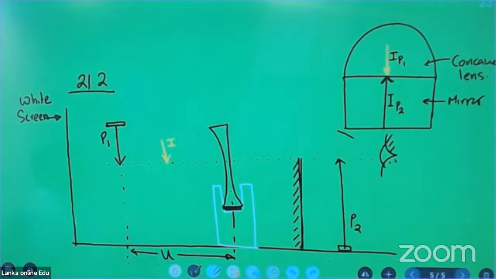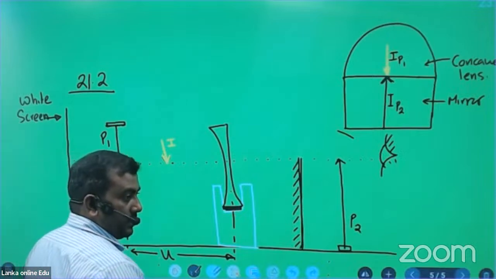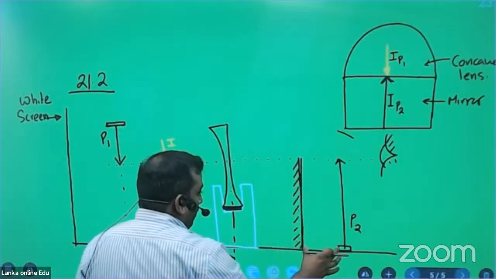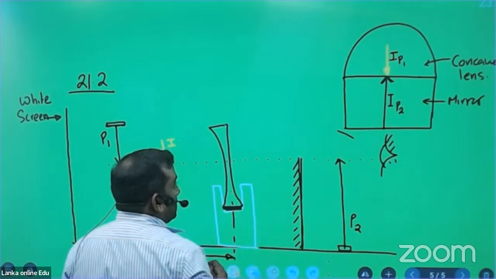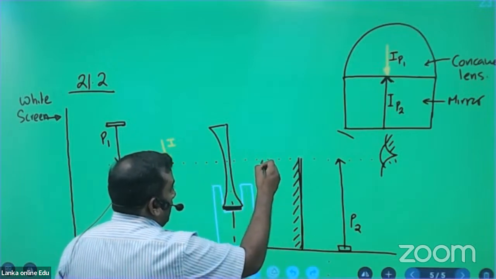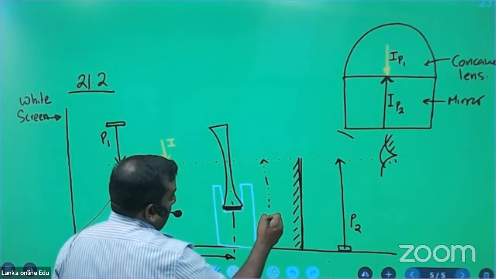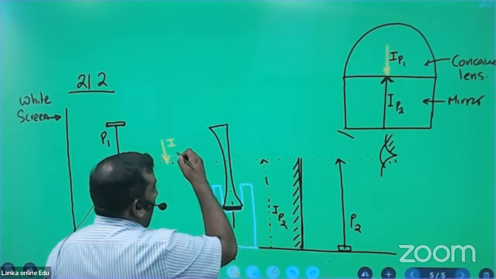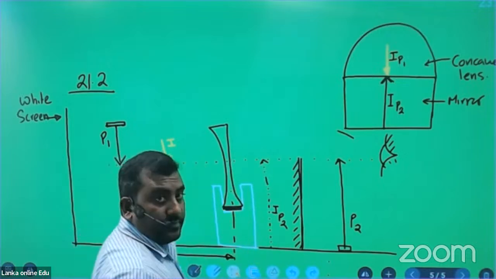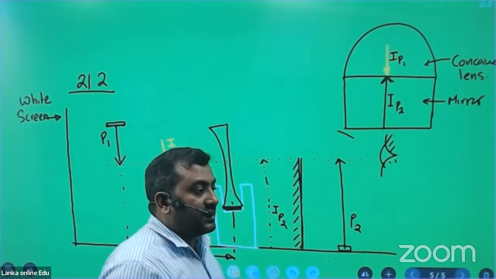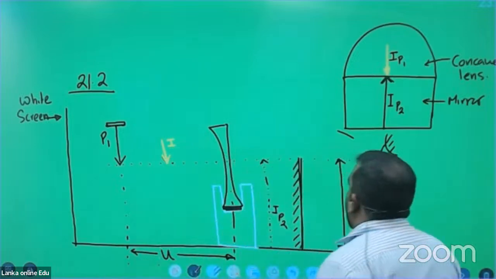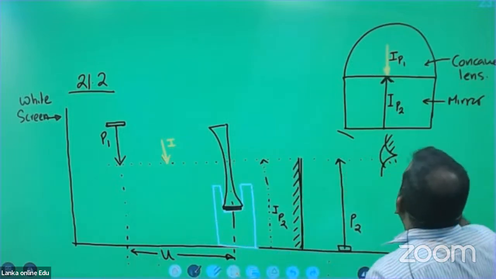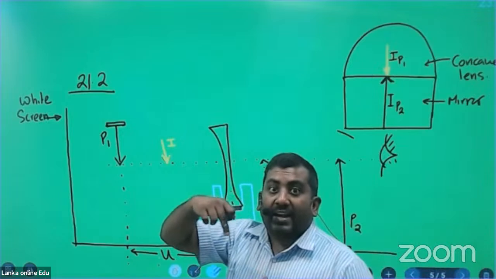Now think carefully and answer. Through a mirror, object distance equals image distance. Image is here. Image of P2 is here. Are they coinciding? No. How do I know they are not coinciding? When I move the eye in the lateral direction, these two images will have a relative motion.